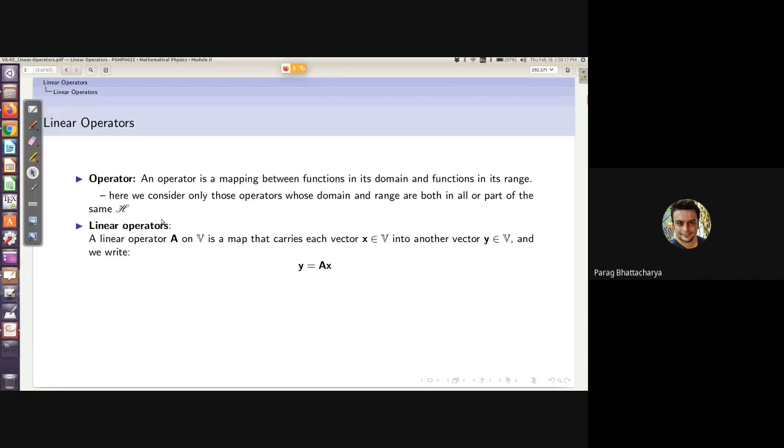A linear operator, we represent it like this, boldface A, on some vector space V is a map that carries each vector x which belongs to V to another vector which belongs to the same vector space.